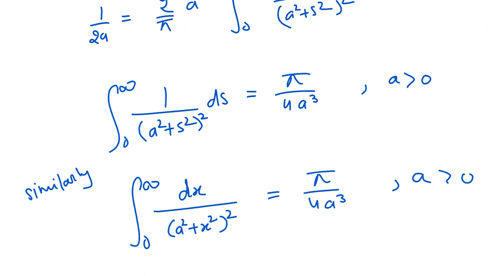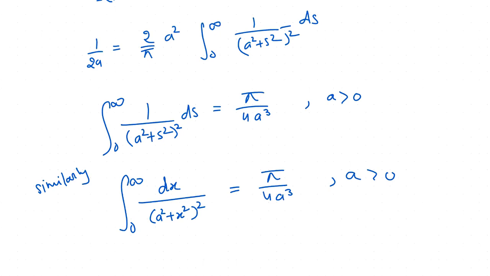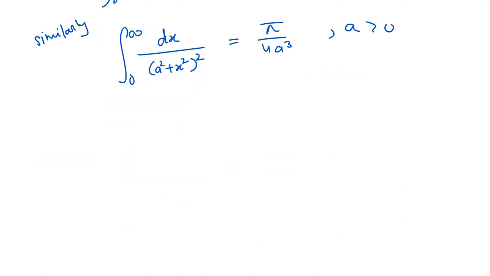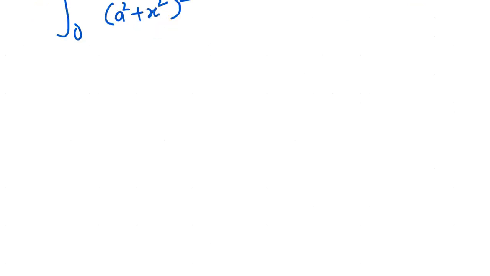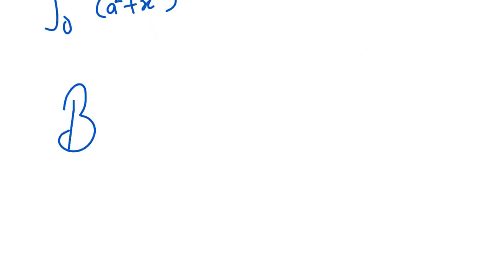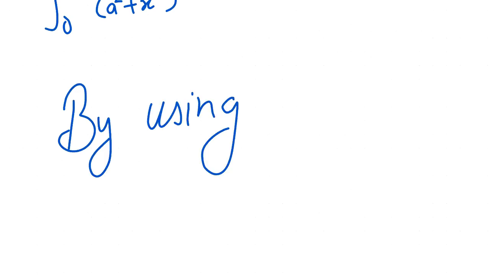And now, this is for cos, and now let us find for sine by using Parseval's identity.